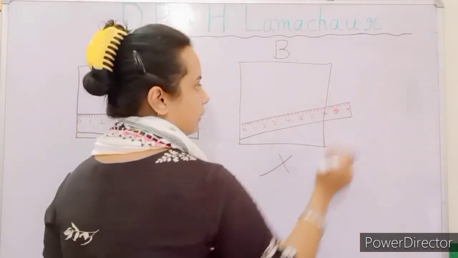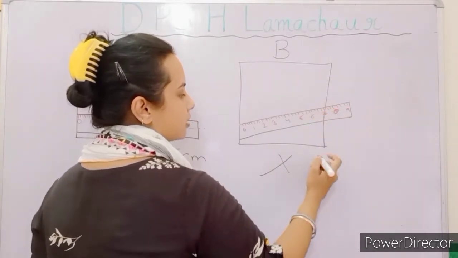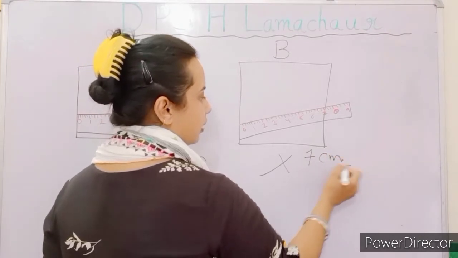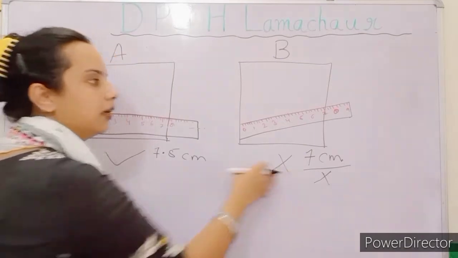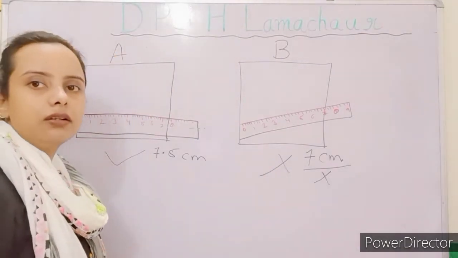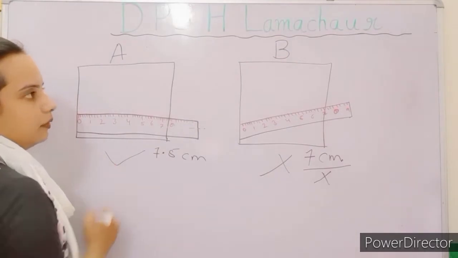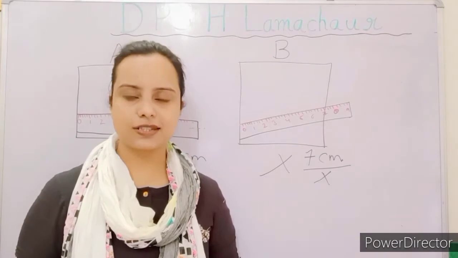And here, as you can see, the 7 is coming, so the length is 7 centimeter, which is wrong. This is not a correct way to measure the length of any object. So this is the right way. Now moving to the next topic.